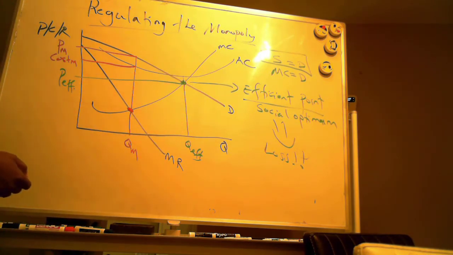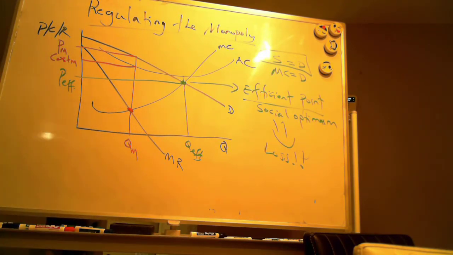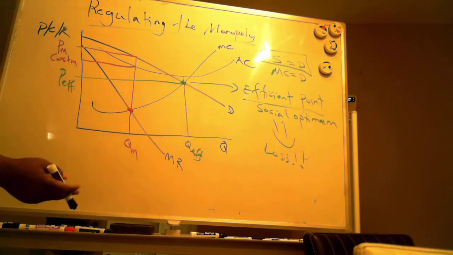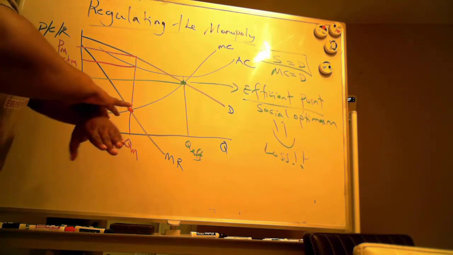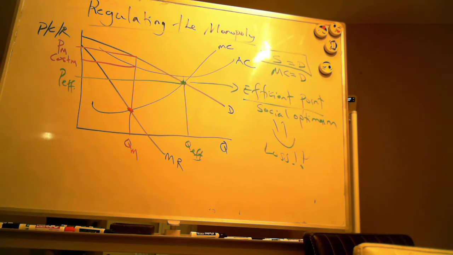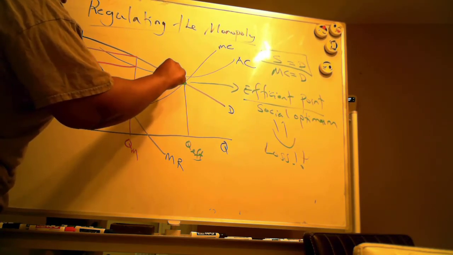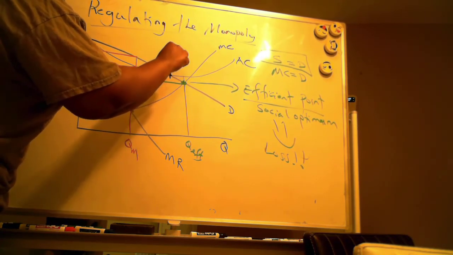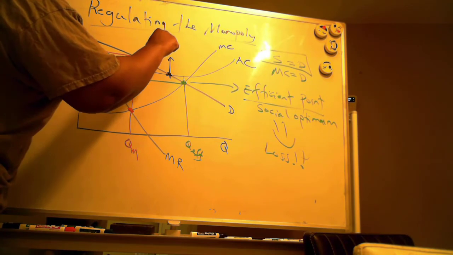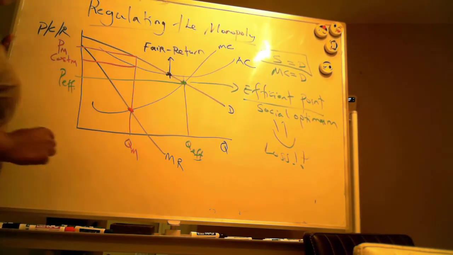Which means, if you're the government, you have to learn to compromise. If this is leading to losses, and the private firm is saying no, I'm not doing it, you have to come up with a second option. The second option, I'm going to label, is right here. This is called a fair return point.